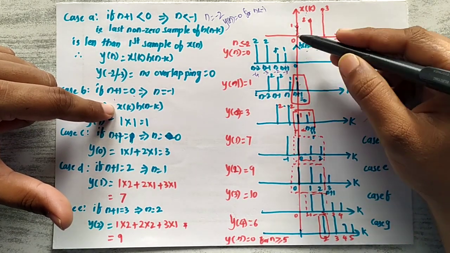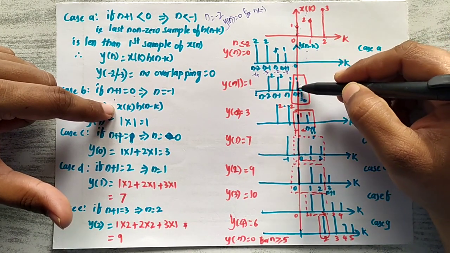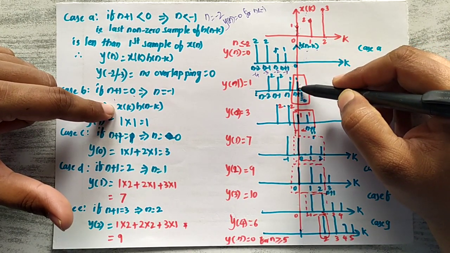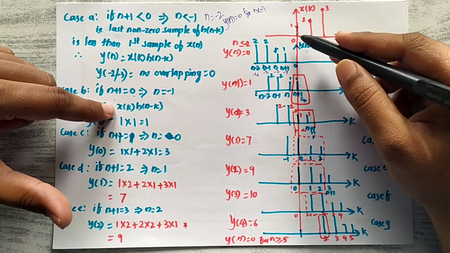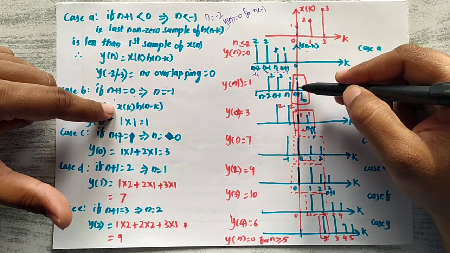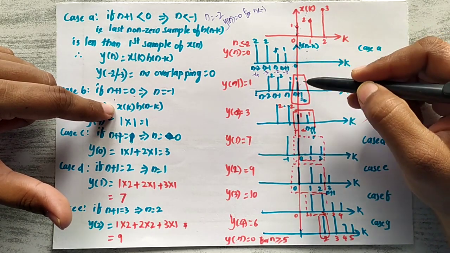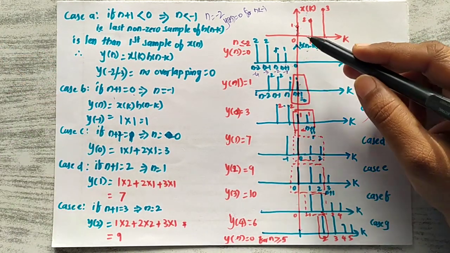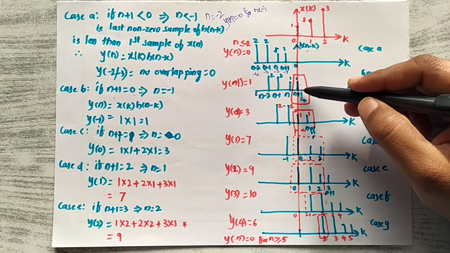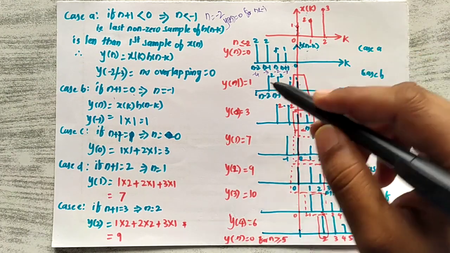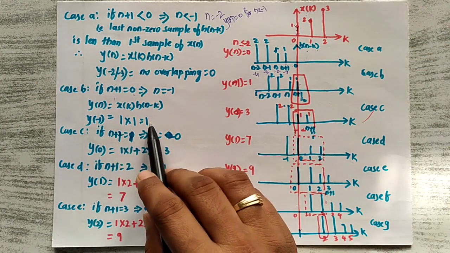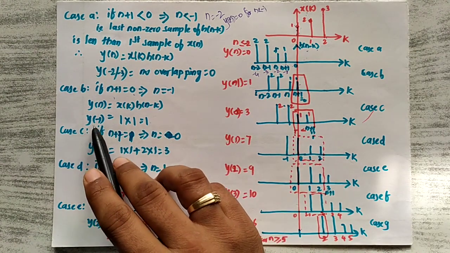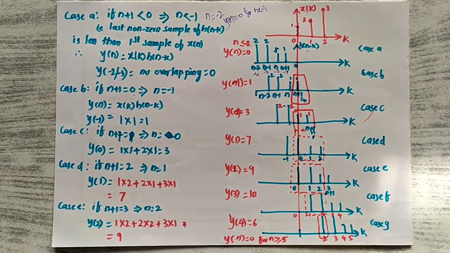So from both the signals we can consider there is one overlapping sequence, and what we need to do for the overlapping sequence is multiply element by element and add them. Since only one element is common, उसका दोनों का amplitude multiply किया 1 into 1 and we will have 1. So at y of -1 we will have 1.